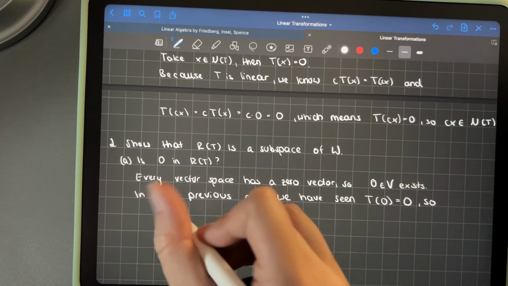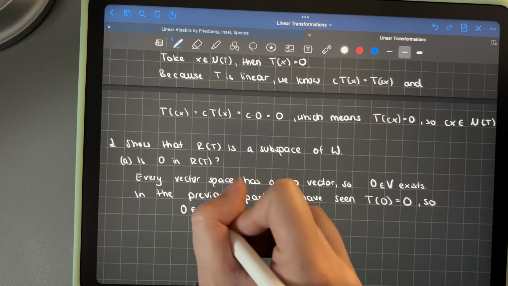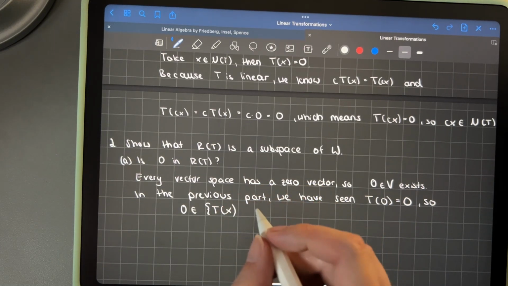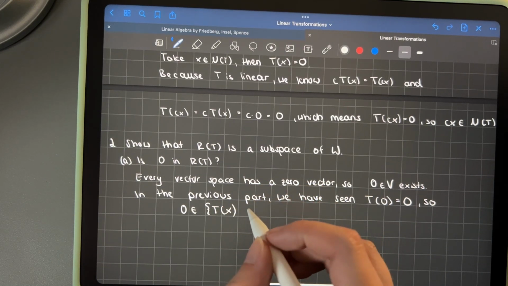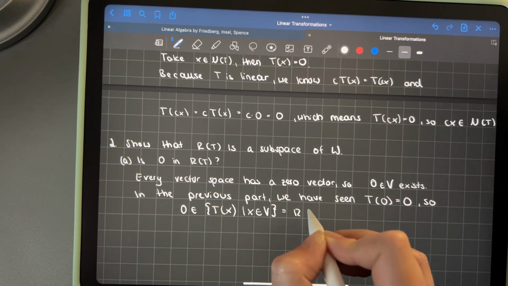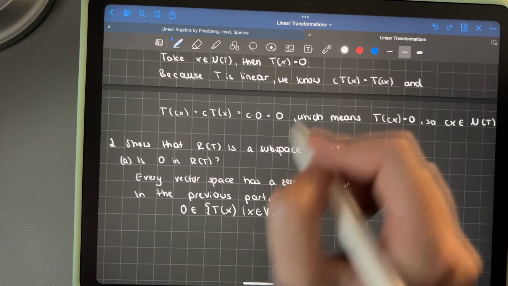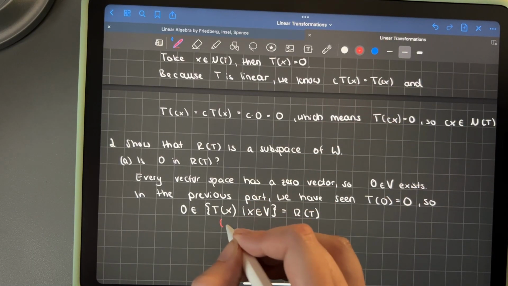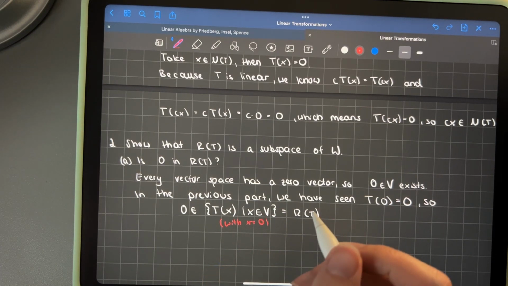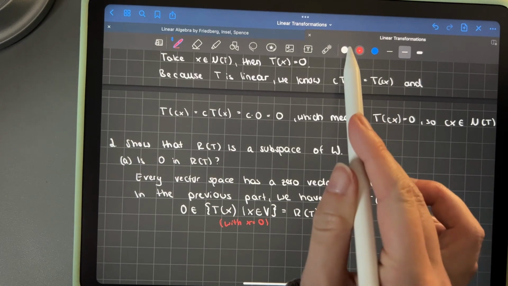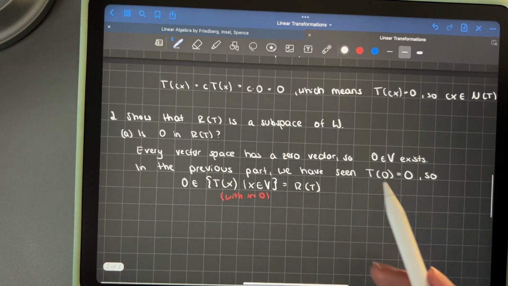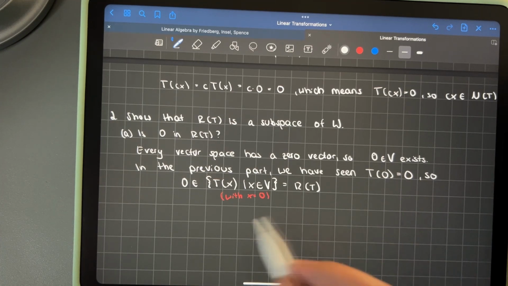So 0 is part of the set of all mappings T of x for x in V, which is the definition of the image, if only we use x equals 0 in here. So 0 is indeed in the image, because we know that 0 maps to 0.